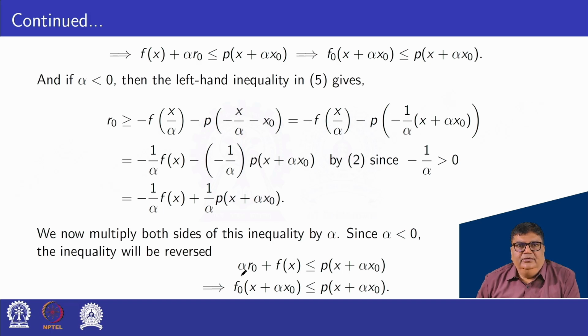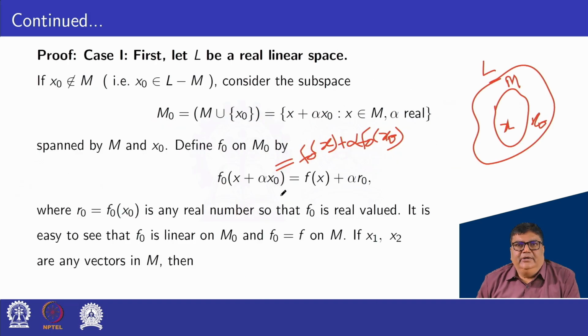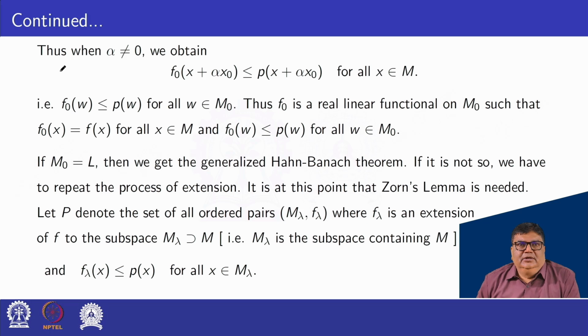So for M0, this implies that f0 of x plus alpha x0 is less or equal to p of x plus alpha x0, because here we can write from this. Thus when alpha is not equal to 0, we obtain f0 of x plus alpha x0 less or equal to p of x plus alpha x0. Okay, that is f0 of omega, where x plus alpha x0 is omega.